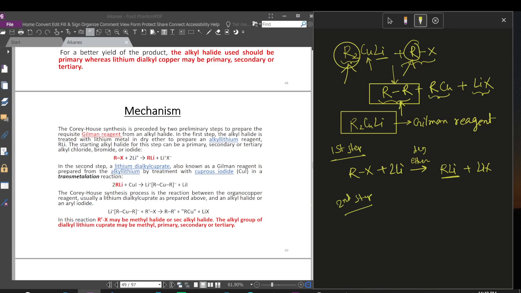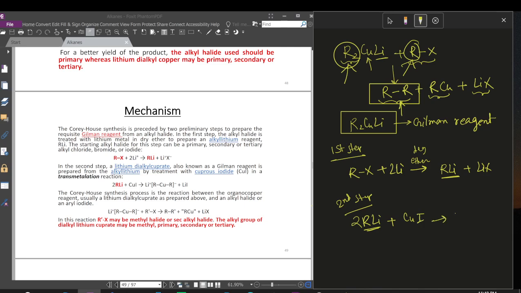the lithium dialkyl cuprate, also known as the Gilman reagent, is prepared from alkyl lithium by treatment with cuprous iodide in a transmetallation reaction. That means we previously produced the alkyl lithium, and we react it with cuprous iodide.